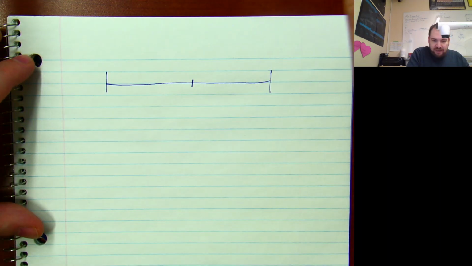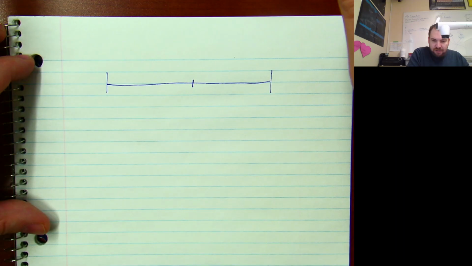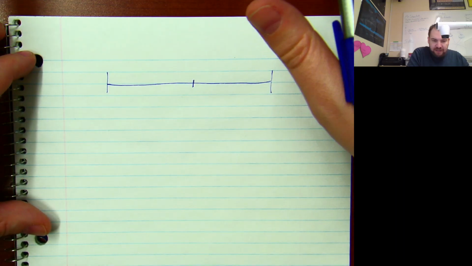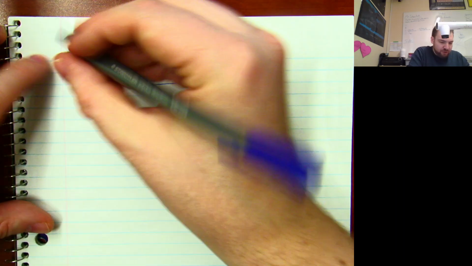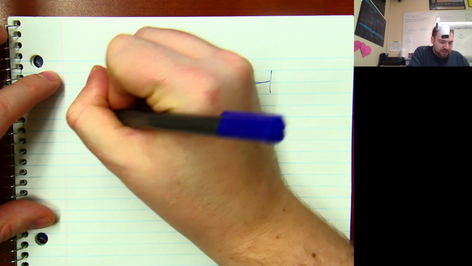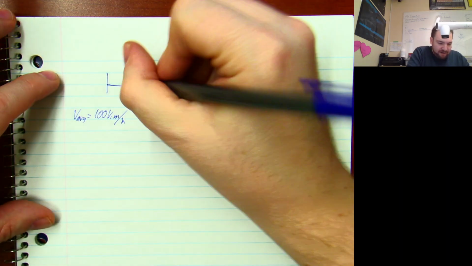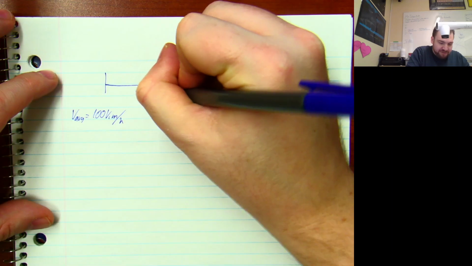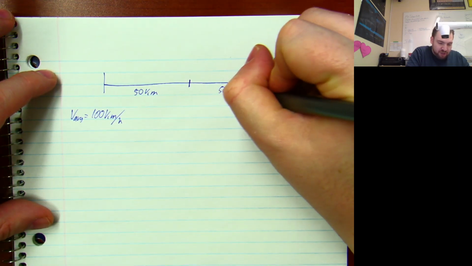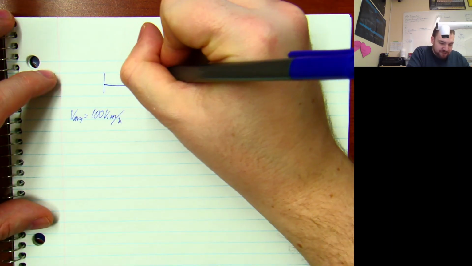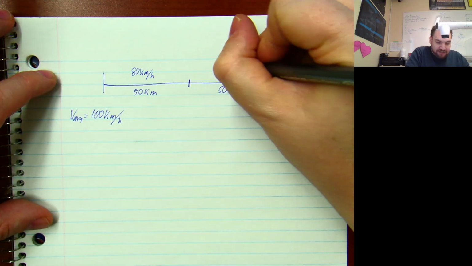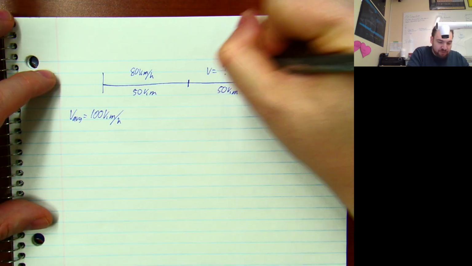You want average speed. You want the average speed to be 100 kilometers per hour. This distance is 50 kilometers. This distance is 50 kilometers. We know that she was going 80 kilometers per hour here. This is the speed we don't know.